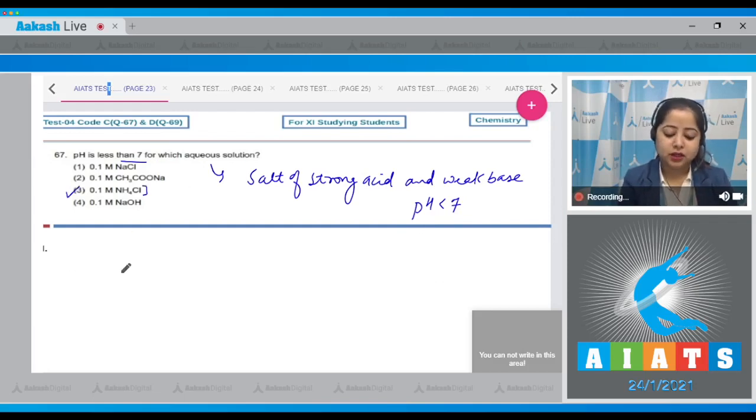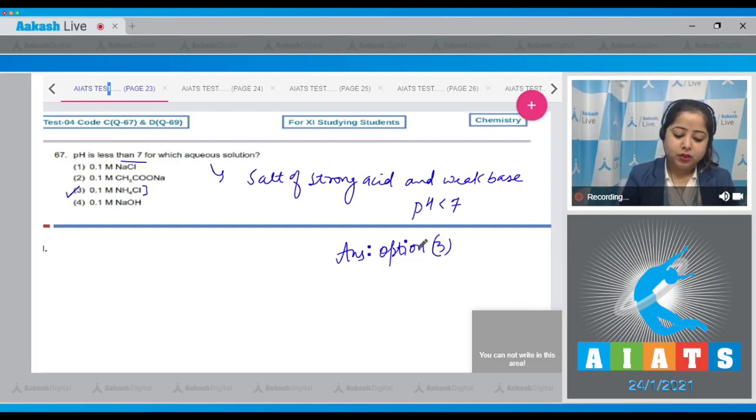In rest of the cases, the pH will be either 7 or more than 7. So the correct answer is option number 3. And the reason for this is cationic hydrolysis. Moving to the next question, which is question number 68.